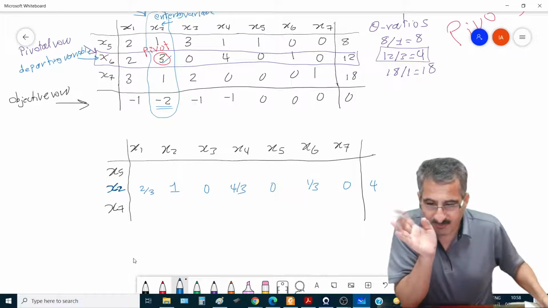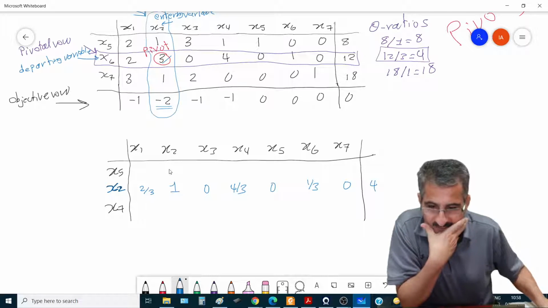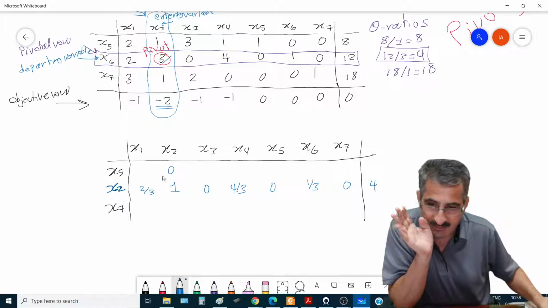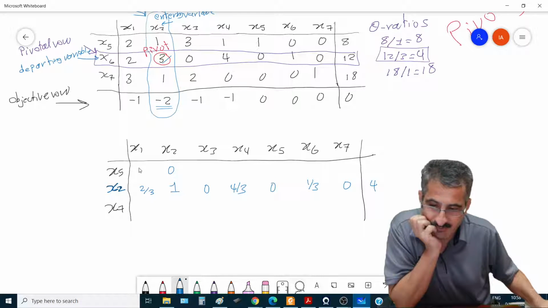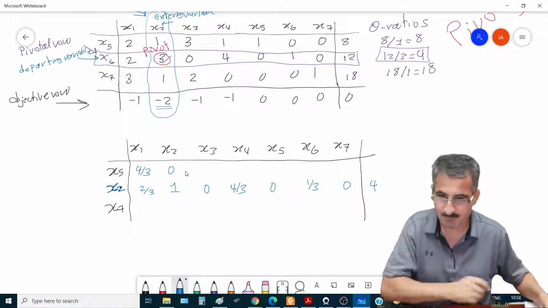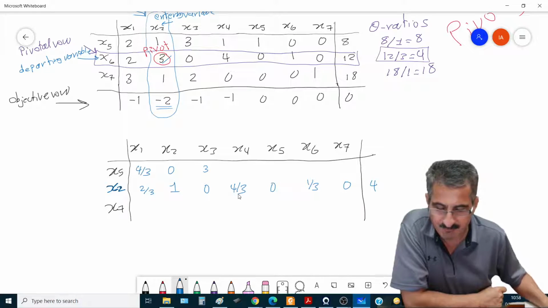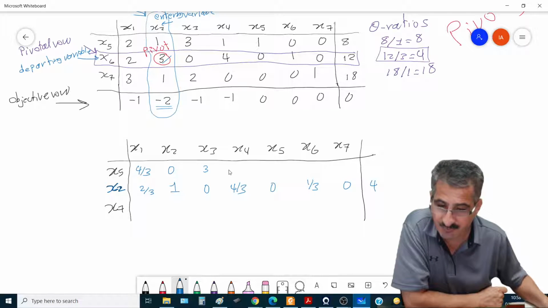Okay, to make that 0, multiply by -1 and add, we get 0. Multiply by -1, -2 over 3, add it to 2, which is 6 over 3, so we get 4 over 3. Am I computing correctly? Okay, multiply 0 by, we get nothing, add it to 3. Multiply 4 over 3 by -1 and add it to 1, so we get -1 over 3.